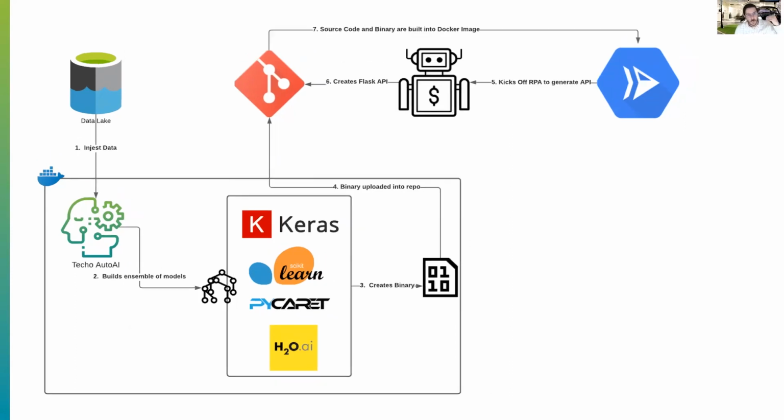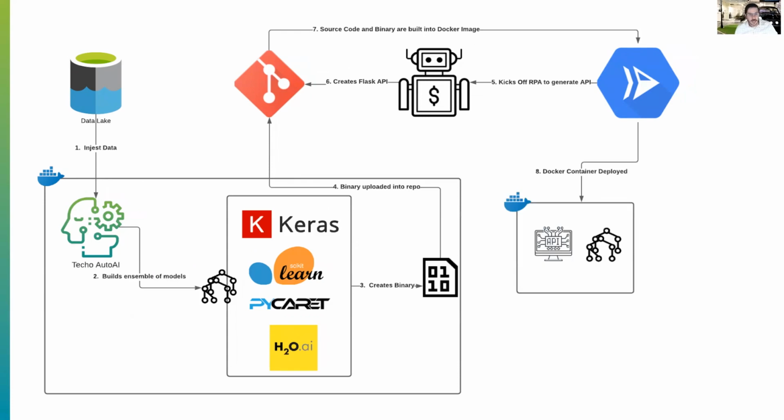And then once we have that API, we can take that and build a container around it and throw it into something like Cloud Run or some sort of serverless profile that could actually execute on that, and then deploy it into a container. So now you have your API, which gives you endpoints for that. You have your AI model for executing your decision on whatever you're trying to figure out.